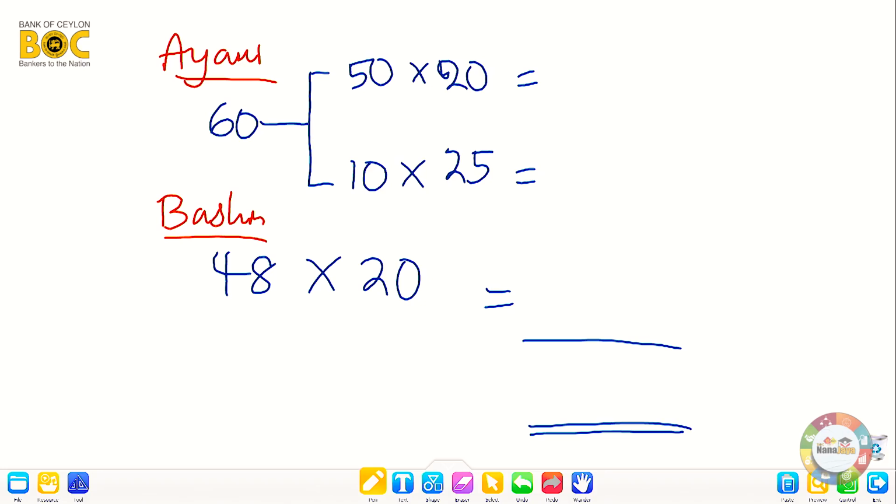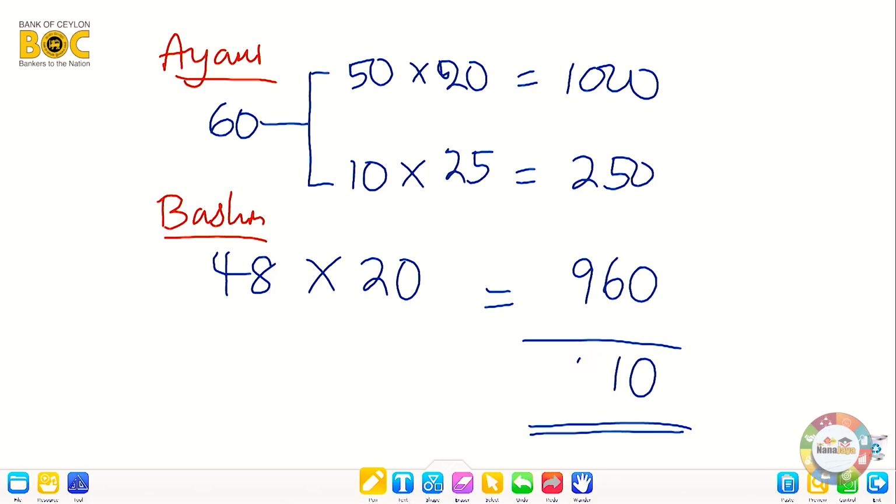So for 50 units into 20, she gets 1000 rupees, and 250 for the excess. Totally she gets 1250, plus Bashini's payment for 48 into 20, which is 960. 1000 plus 250 plus 960 altogether comes to 2210.